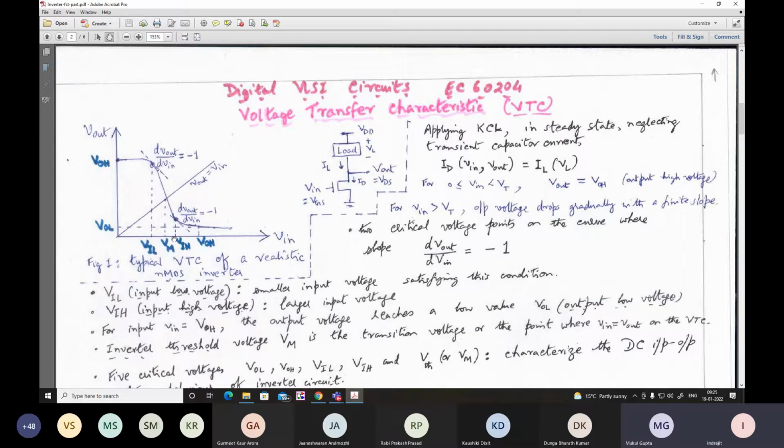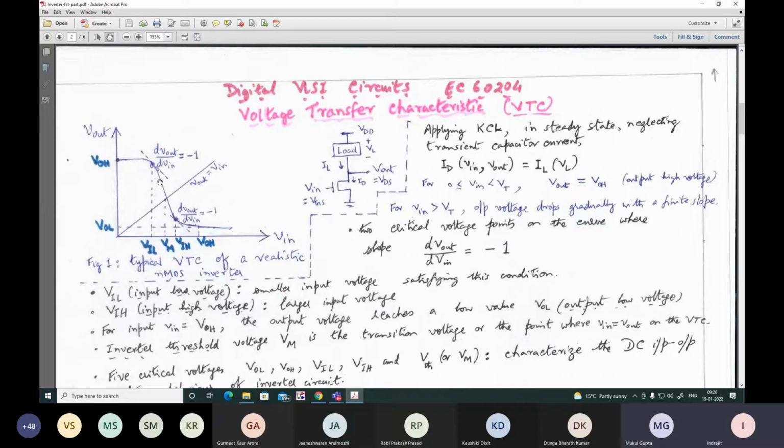So again we have a second input voltage point at which the magnitude of the slope equals 1. So dVout/dVin equals -1 at an input voltage point which is referred to as VIL for the relatively lower value of the input voltage, and VIH for the relatively higher value.